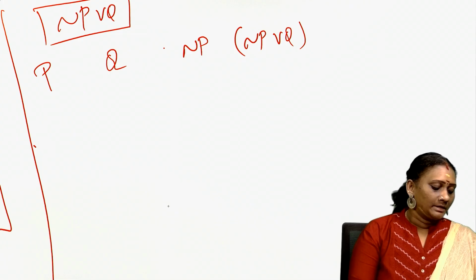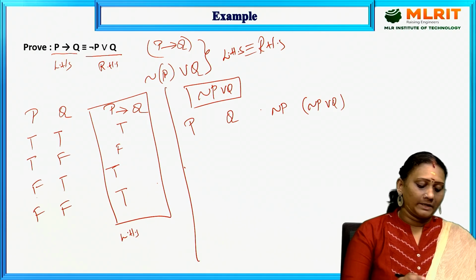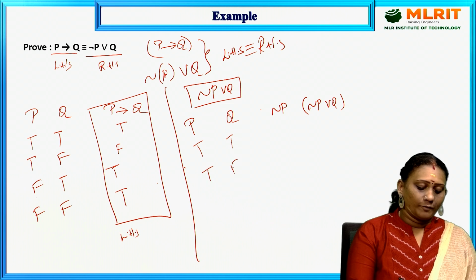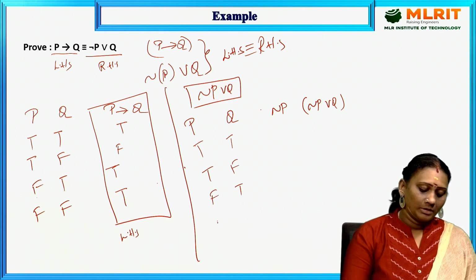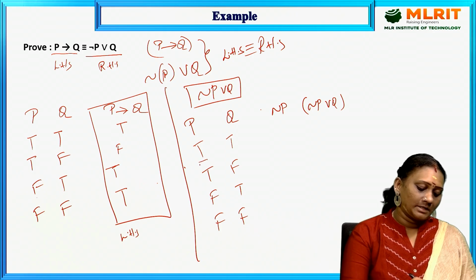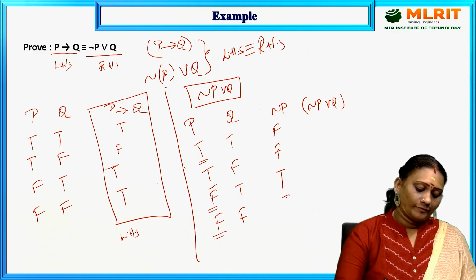As usual, I am going to give the different sets of truth values: true true, true false, false true, false false. Negation P I am going to draw first. Negation of true is false, negation of true is false. Negation of false is true, negation of false is true.